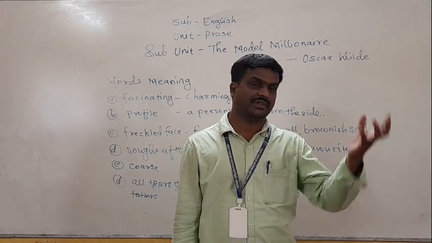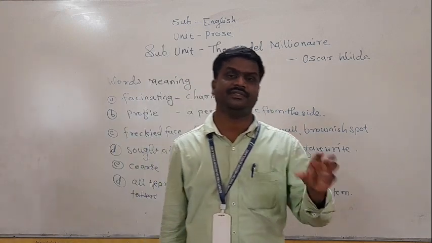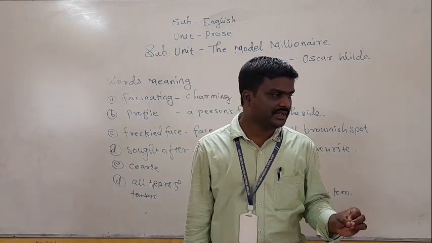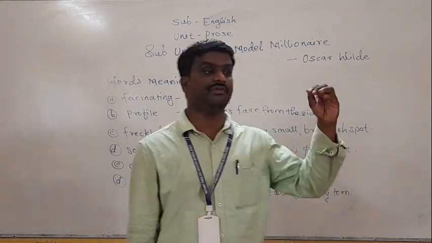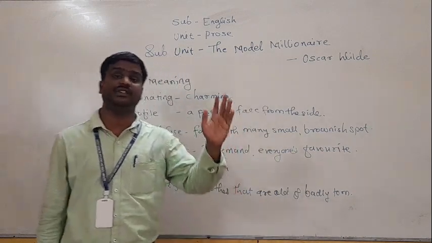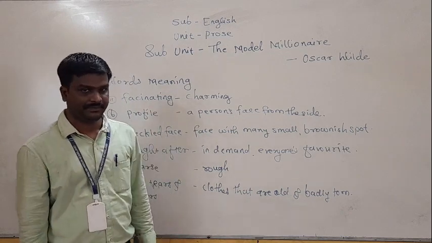Okay. Then after that we saw Alan Trevor. Alan Trevor is a friend of Huey Erskine. He is a painter by profession. When Huey reached there, at that time he was painting a picture of a poor beggar who was standing beside him.